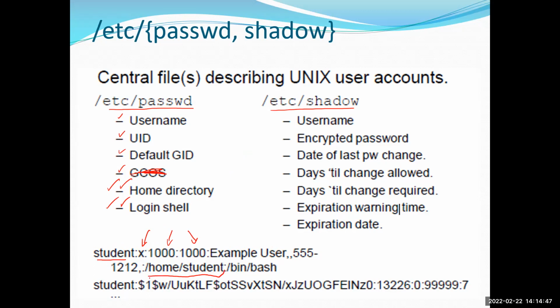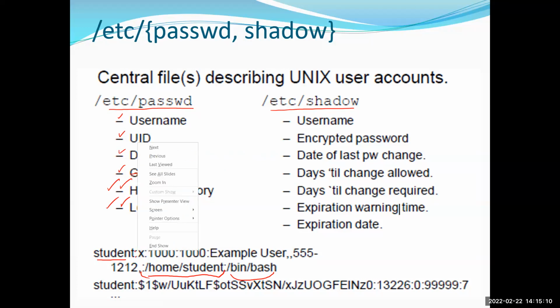You're in /home, and you're student, so your folder is called student. And finally, this is your login shell. When you log in, you're associated with this so that you can type commands. If you notice in the passwd file, the fields are separated by a colon.